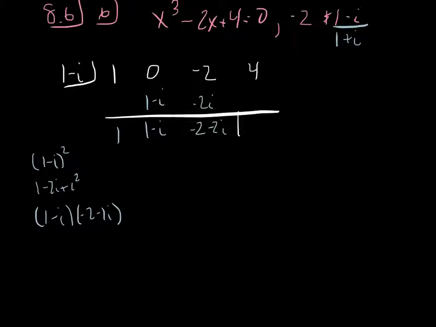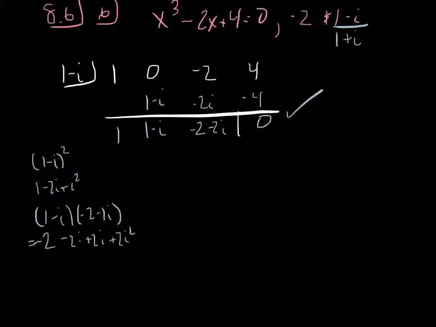And so I get -2 is first, outside is 2i, inside is positive 2i, last is positive 2i squared, and that's a -2, so that's equal to -4, and so 0, and so it works, and it checks. That's 8.6, number 6, it checks.